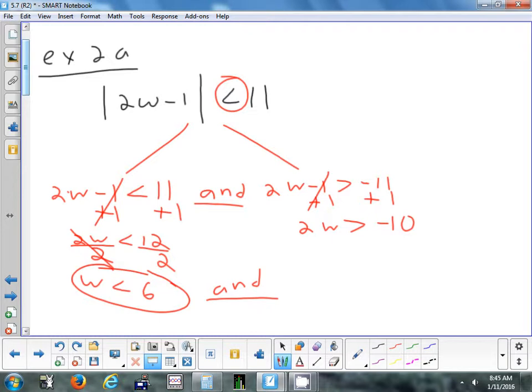Okay, and Ben, the last step to get rid of this 2? Divide by 2. Flip or no flip? No flip. No flip, right? Even though we have a negative on the other side, that's not what we're looking for. Did we divide by a negative? No. Divided by a positive 2. And Ben, what do you get here? Negative 5. Negative 5.